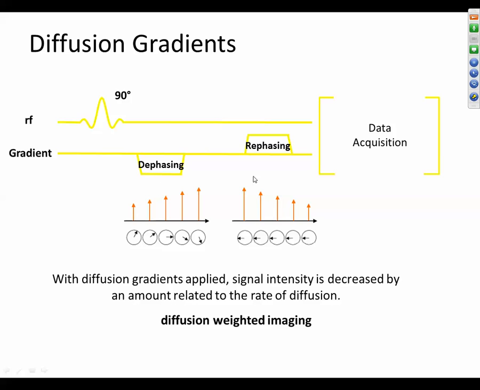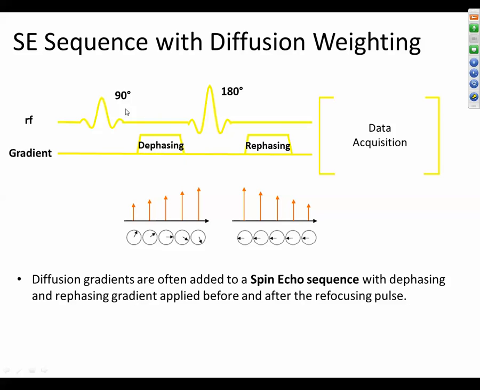Look at this. This is what we just introduced. Actually, the diffusion gradient is not applied to such a simple sequence. In most cases it's applied to a spin echo sequence. That means 90 degrees plus 180 degrees.